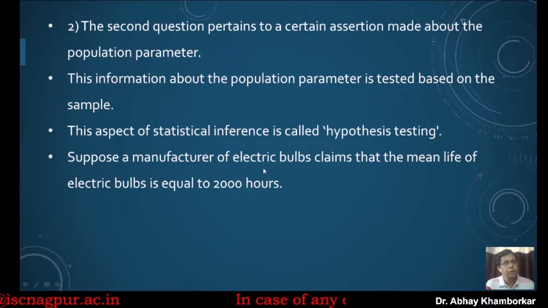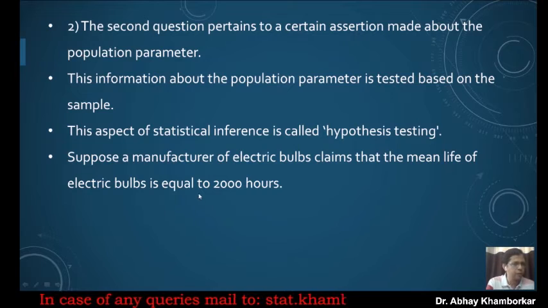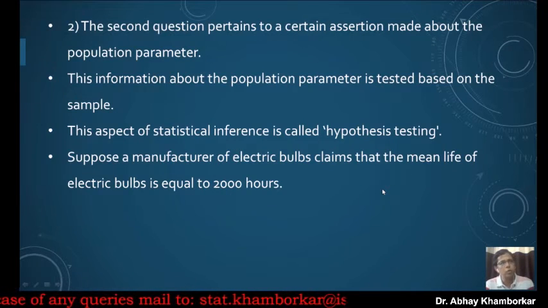Now our aim is not to estimate this mean life of electric bulbs, because we already have that. What we need to do now is check whether that information is true or false. That means whether the mean life of an electric bulb being equal to 2000 hours is true or false. This is what we have to check.